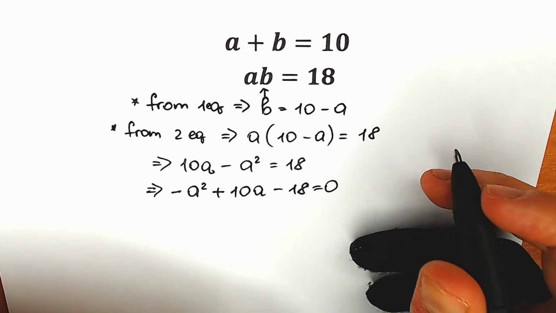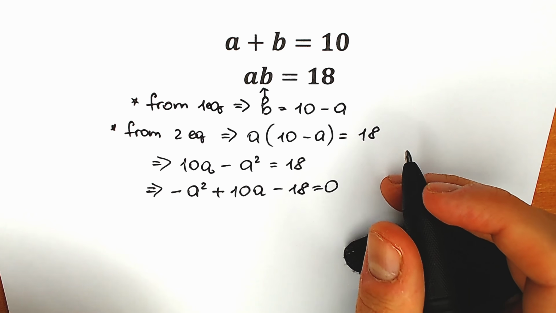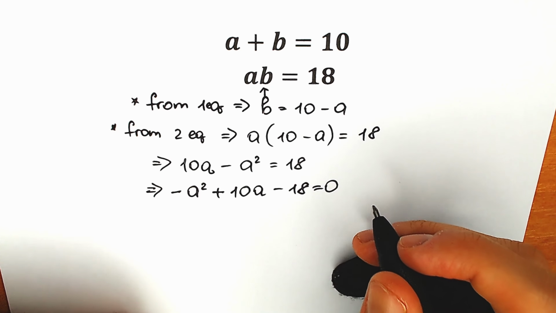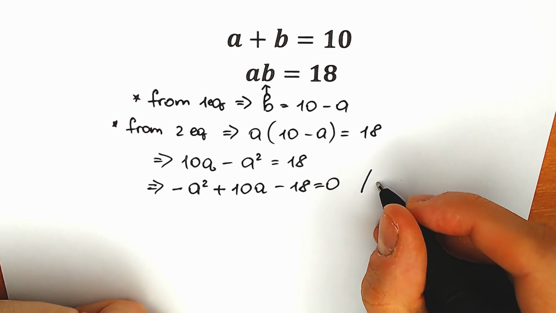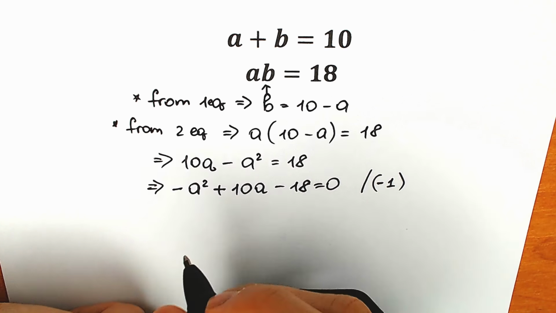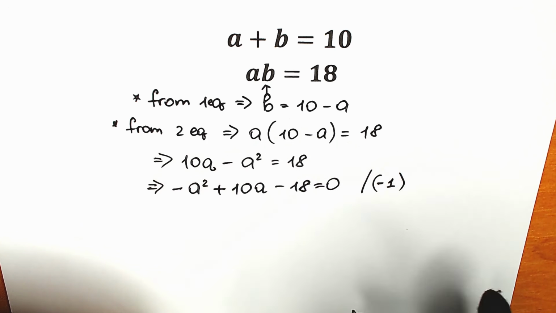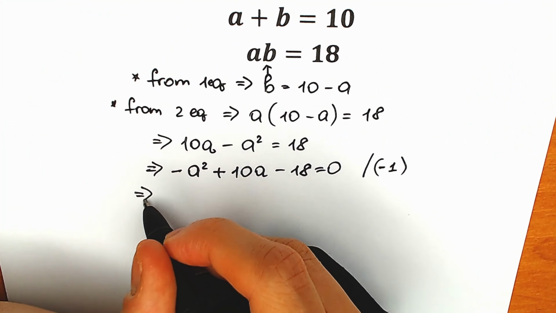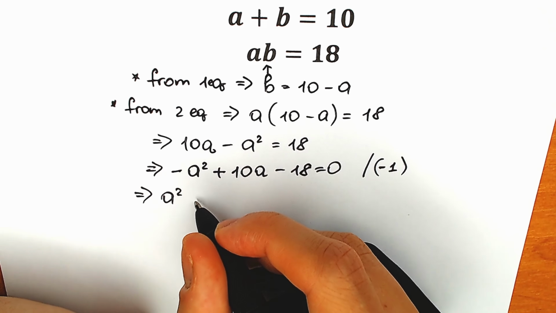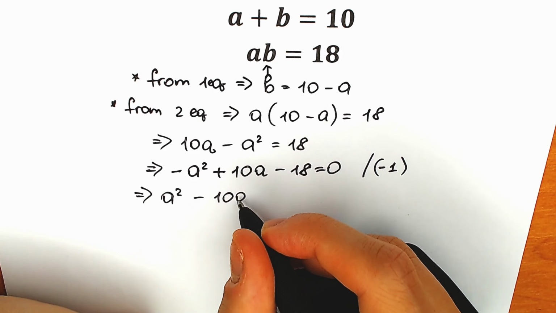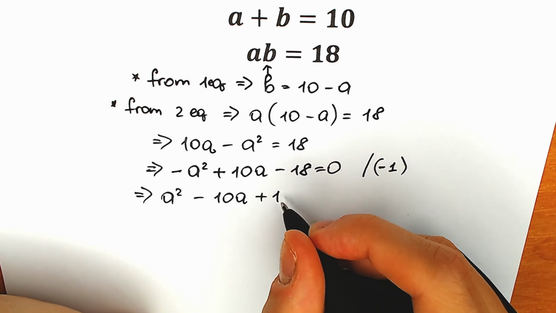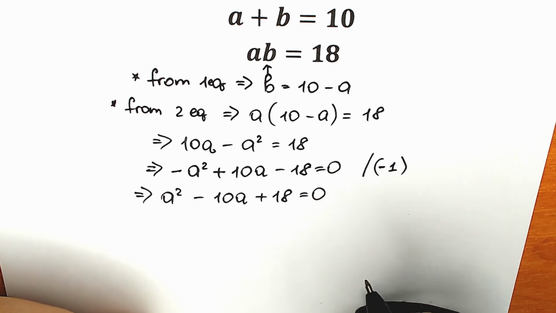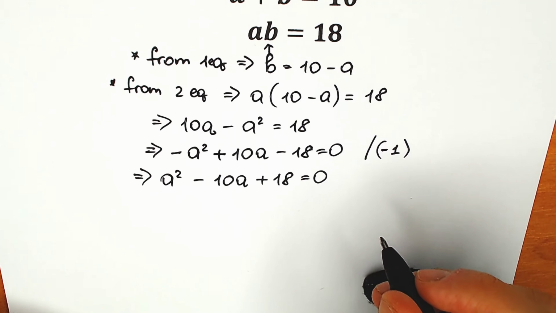And the final tricky move, I really like it: we multiply both sides by minus 1, changing all the signs to the opposite, because I don't like the negative sign at the beginning. I like a classic quadratic equation, so we have a square minus 10a plus 18 equal to 0.